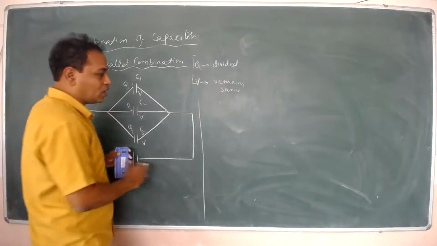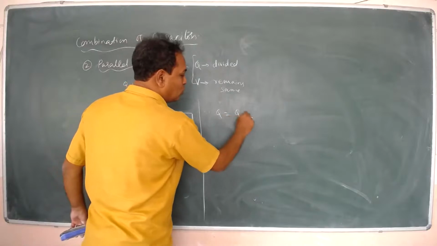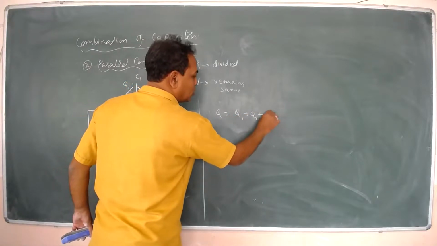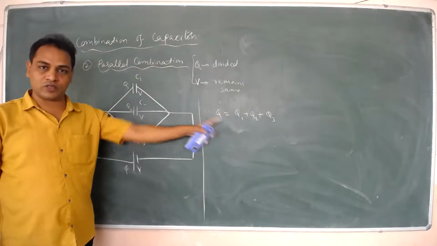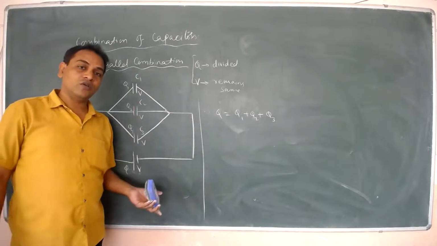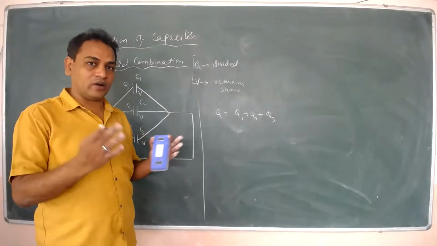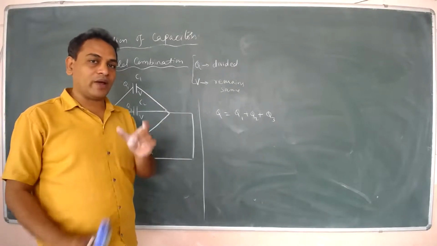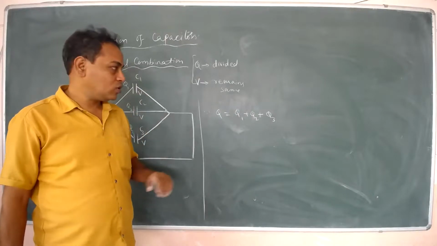So first we take Q equals Q1 plus Q2 plus Q3, since charge is dividing here. In case of series, we took V1 plus V2 plus V3 because V is divided. This makes it easy to calculate.